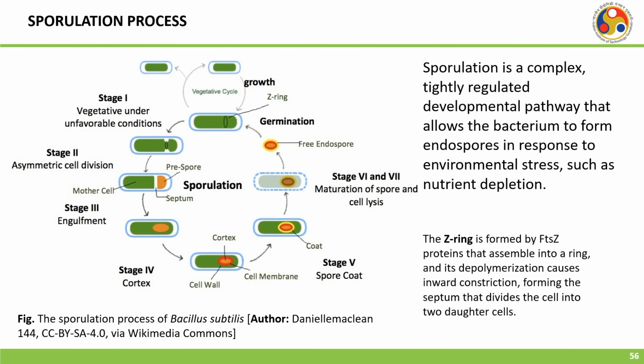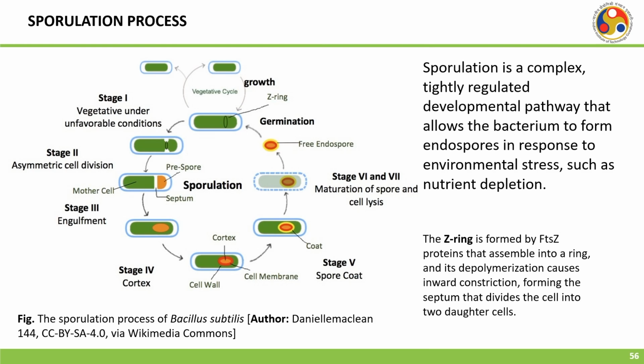Now, let us have a look at the sporulation process. Here we can see the vegetative phase of a bacterium. How this vegetative phase transforms into an endospore and back into the vegetative phase, we will try to examine.